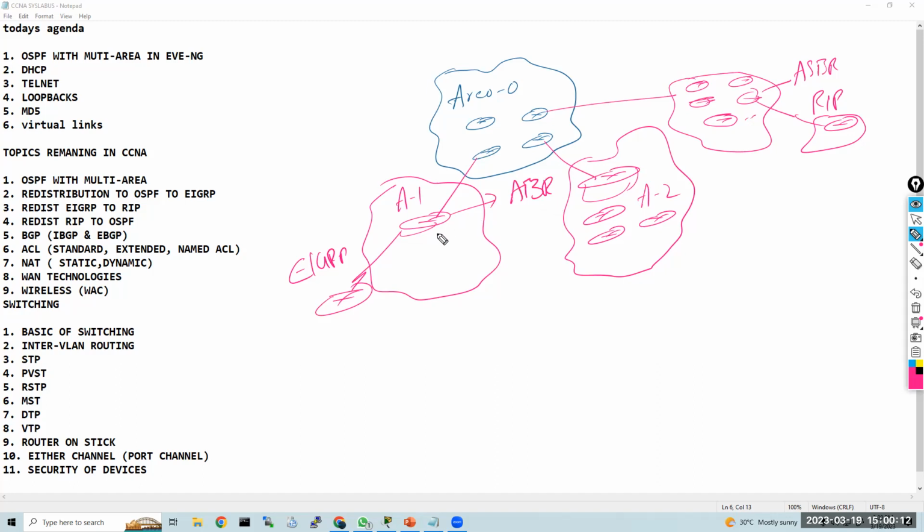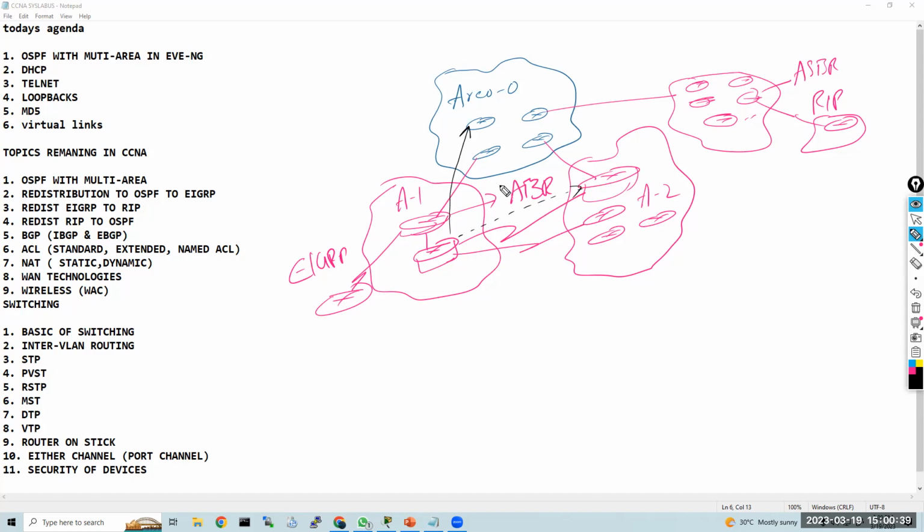Now if there are any changes in the network, say you added one more new department in your organization, even though they can connect this way also, they cannot give the update to this router directly. They should give updates only to the area 0 network.